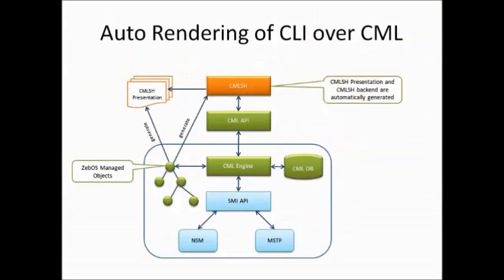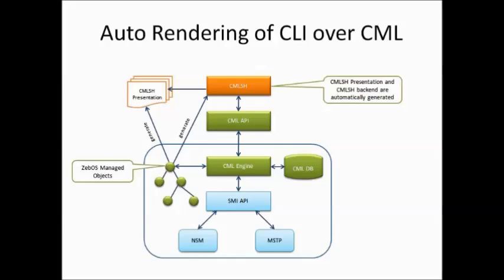This slide talks about how you can automatically render the CLI over CML using the ZebM framework. So when you have created a data model, it is expected that all the command line interfaces would get generated automatically using that data model.